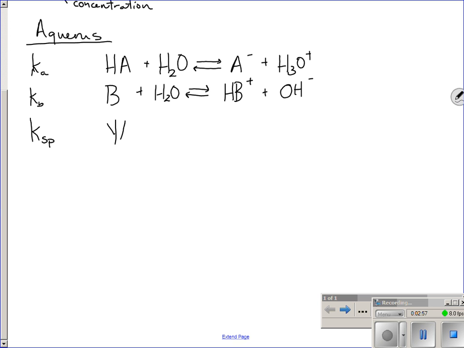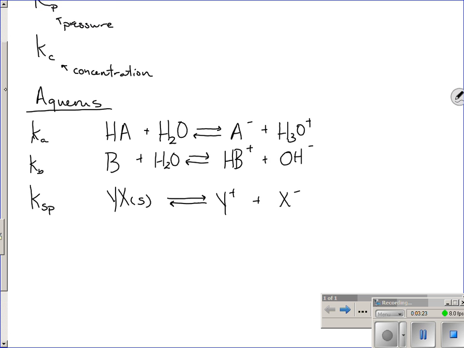I'm just going to call it YX, which is solid, and that's going to dissociate. We know that compounds that are really soluble will dissociate completely. Compounds that are kind of insoluble dissociate just a little bit. So we're talking about aqueous ions here, except for our precipitate, the YX.